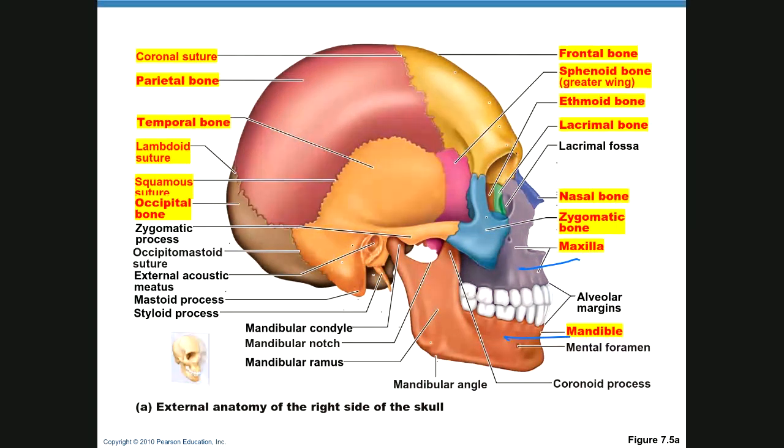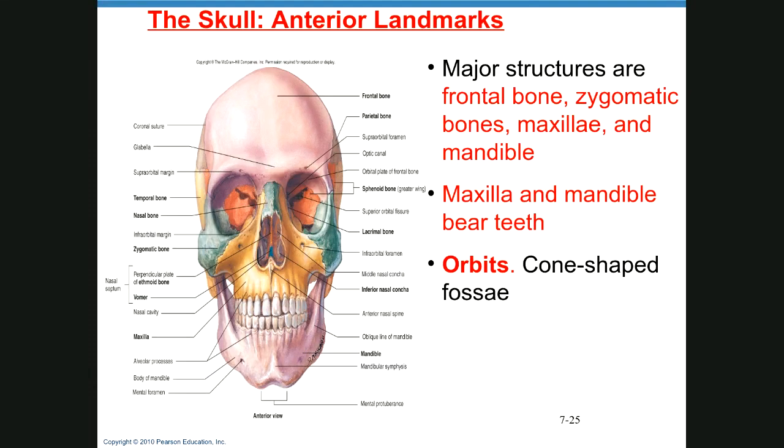Nasal bone is the bone of the nose. Notice that both the maxilla and the mandible have teeth. Notice also that the maxilla makes up part of the orbit of the eye.